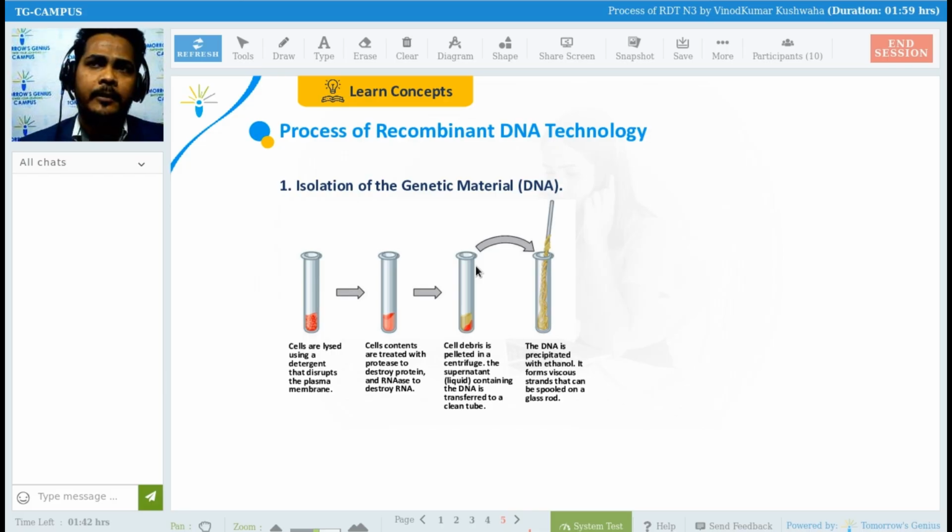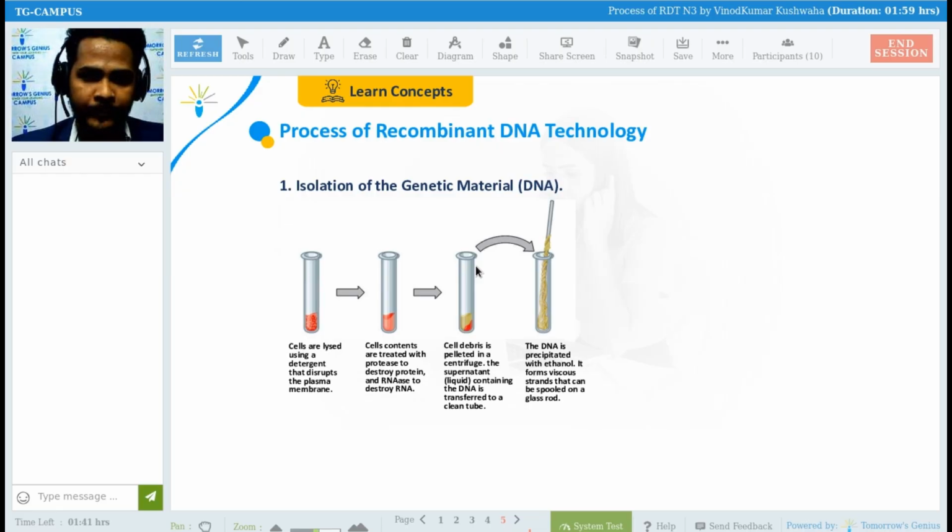Is there any simple process by which you can just extract the DNA with the help of a needle? No, it takes very sophisticated techniques to isolate the DNA. First of all, you should know where the DNA is present. Now what is DNA?